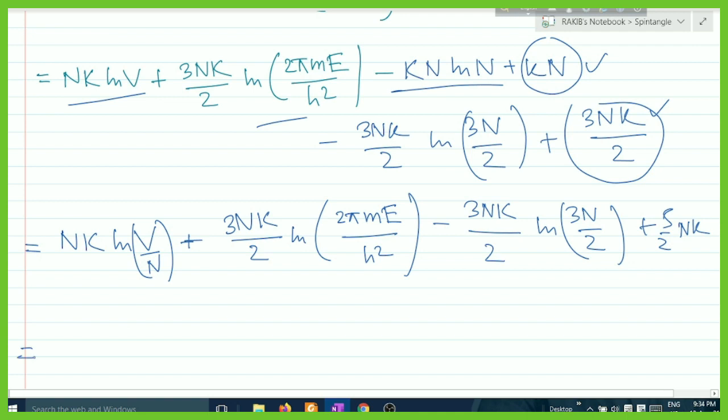Okay, so what does it become now? Now I am simplifying this fact. Let me check this thing on my copy. Okay, just 1 minute. Then what does it become from this thing?